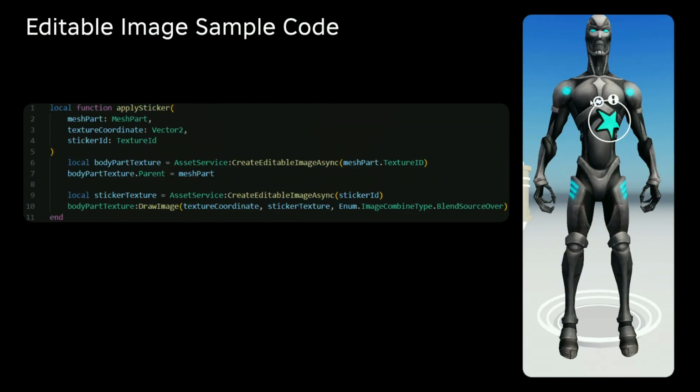We call draw image on the editable image of the texture of the body part, and we pass in the editable image of the sticker, which applies the sticker in the appropriate position that is passed. And you can see an example of this happening on the right side here.